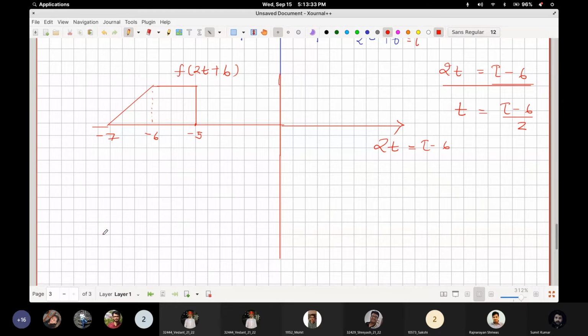When you divide it by that, what will happen? आपने 2 से divide किया, right? यहाँ t is equal to क्या? t is tau minus 6 divided by 2. So when you divide it by 2, every point will also be divided by 2. So 5 will become what? Minus 5 by 2, isn't it?